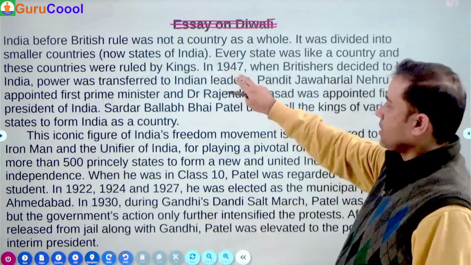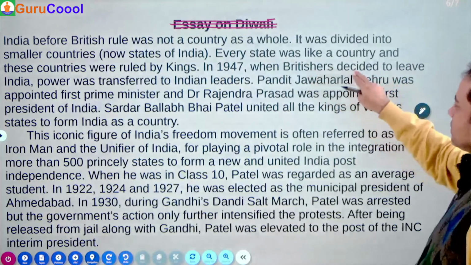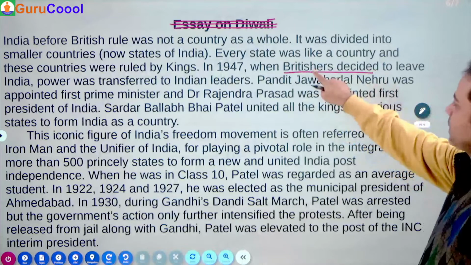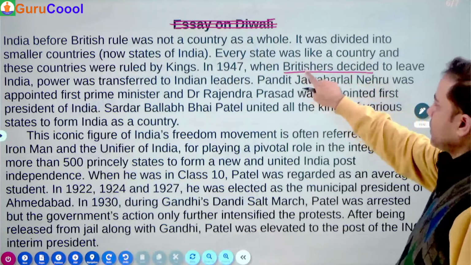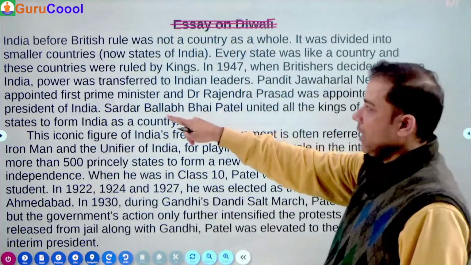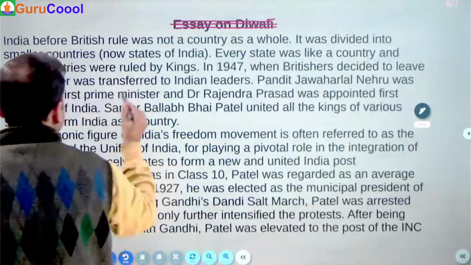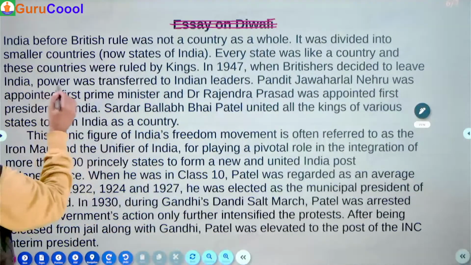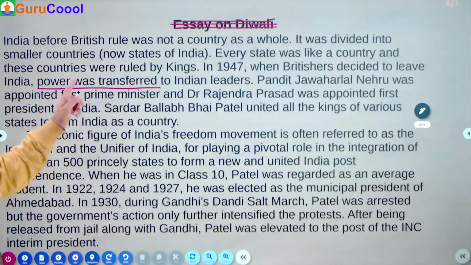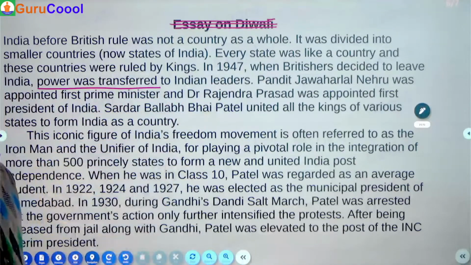In 1947, when Britishers decided, this is simple past active voice, subject plus V2. Britishers decided to leave India. Power was transferred. See, we have got our first sentence of passive voice, simple past tense. Power was transferred to Indian leaders.